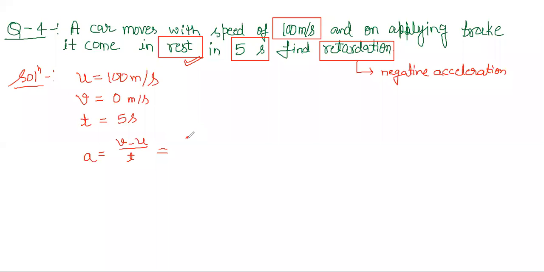V is 0, minus u is 100, and time is 5. Minus 100 upon 5 is minus 20. So here acceleration is equal to minus 20 meter per second square.